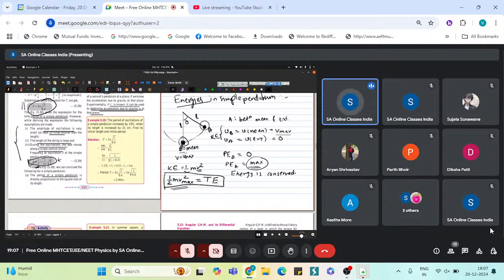Now imagine we need to find the potential energy at this point A. For point A, we know its kinetic energy is just half m v a square, and then there will also be a potential energy component.